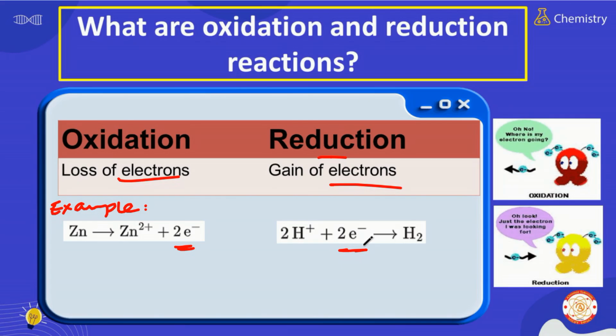So when one friend gives money away, he or she is losing electrons, right? So this kind of reaction is called oxidation. On the other hand, the other friend receives money. So this type of reaction is called a reduction reaction.